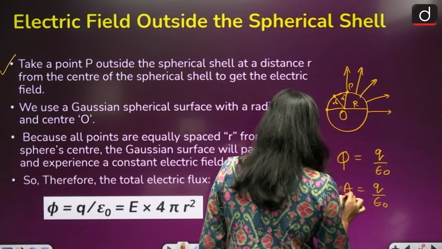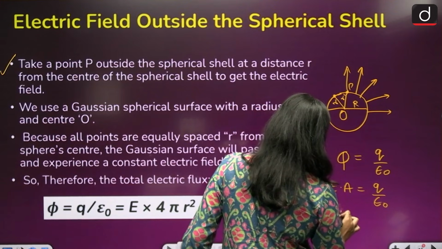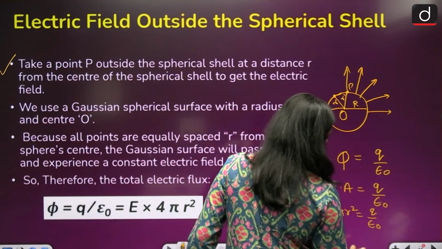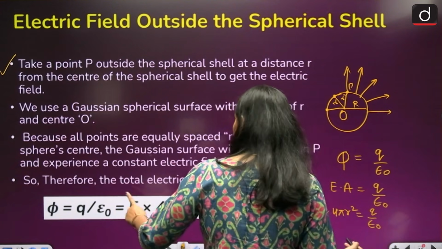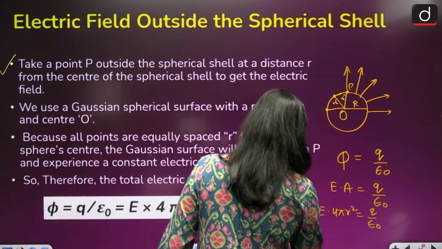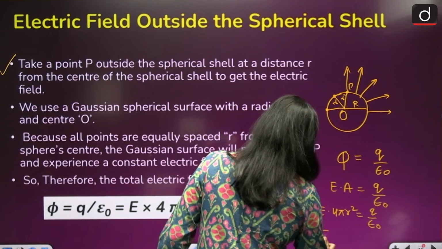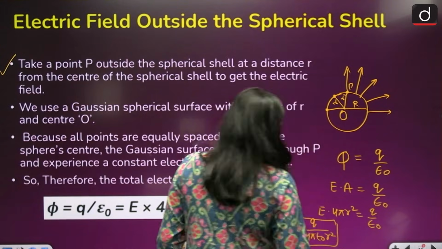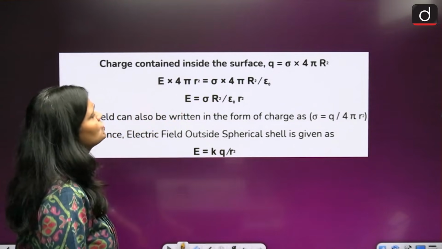Now in place of A, you can write 4 pi r square, equal to Q by epsilon naught. So from here you can calculate the value of E, which is Q by 4 pi epsilon naught r square.